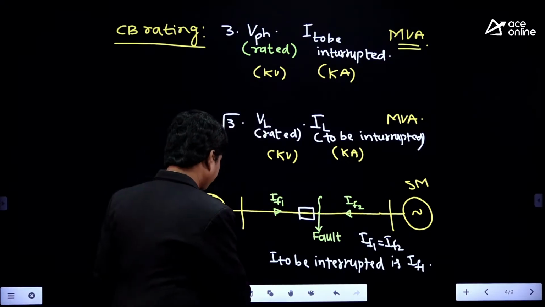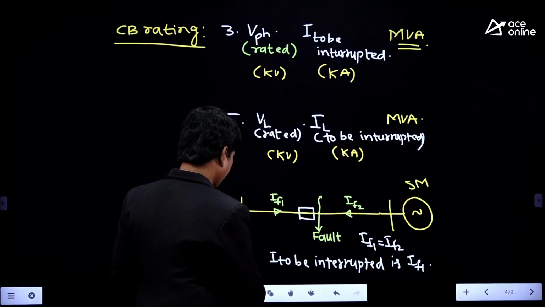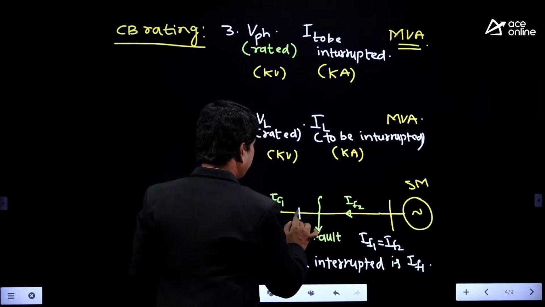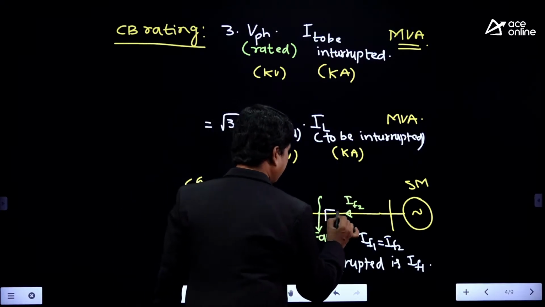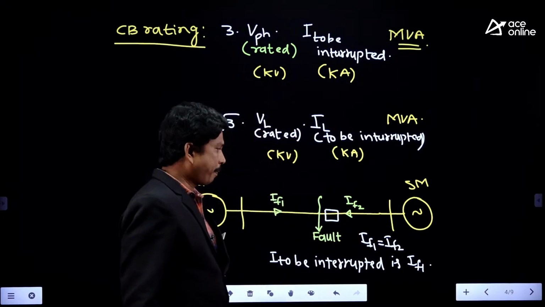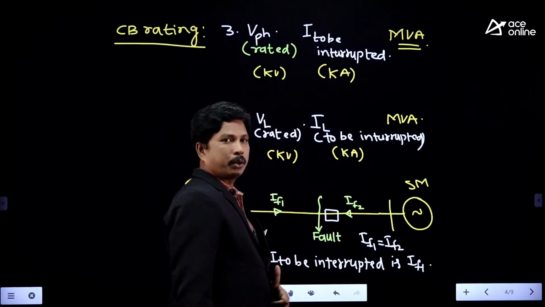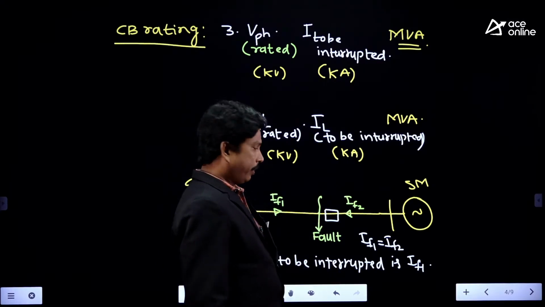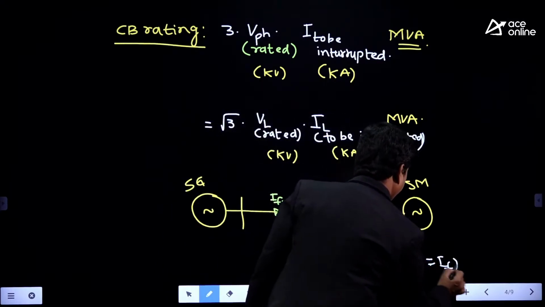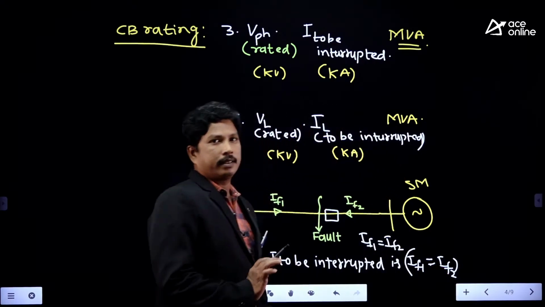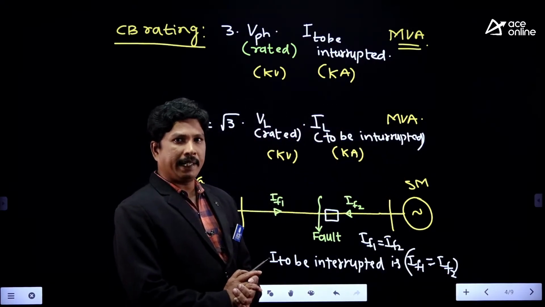Suppose you are having this element on this side, suppose this is the location of the circuit breaker. Now, I to be interrupted should be IF2, right? IF1 is equivalent to IF2. Both are the same. Got the point here?